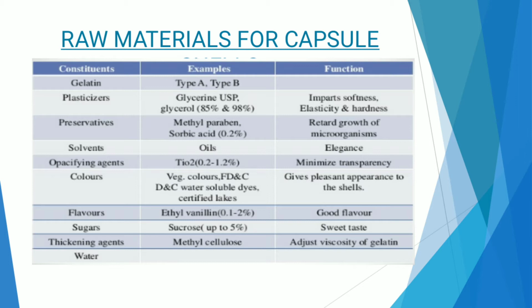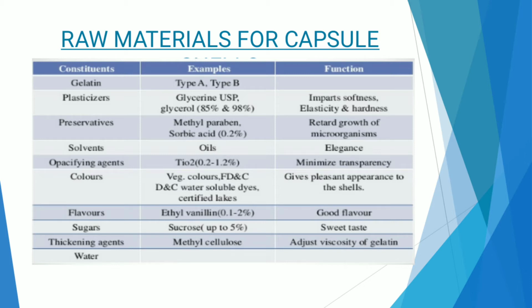Then the next constituent is a preservative like methyl paraben or sorbic acid 0.2%, and its function is to retard growth of microorganisms. Then a solvent is used, for example oils, in order to enhance elegance. Then an opacifying agent like titanium dioxide in 0.2 to 1.2% concentration, and its function is to minimize transparency.